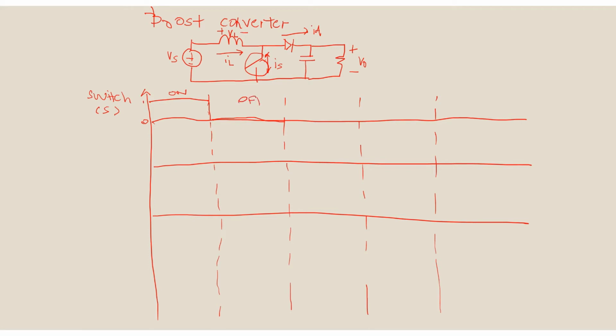And then, of course, it repeats again: when the switch is on, and again when the switch is off. So here's on and off again, 2 cycles.